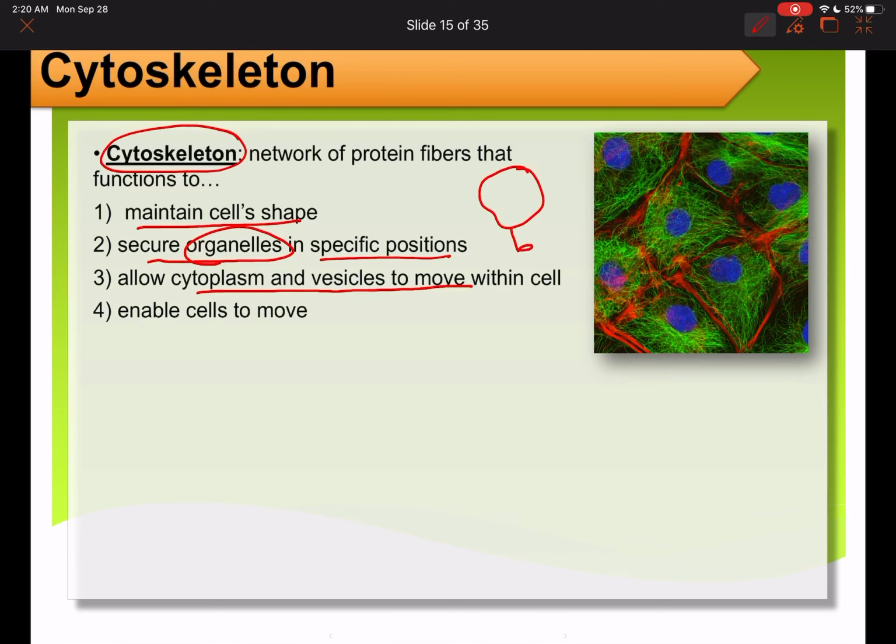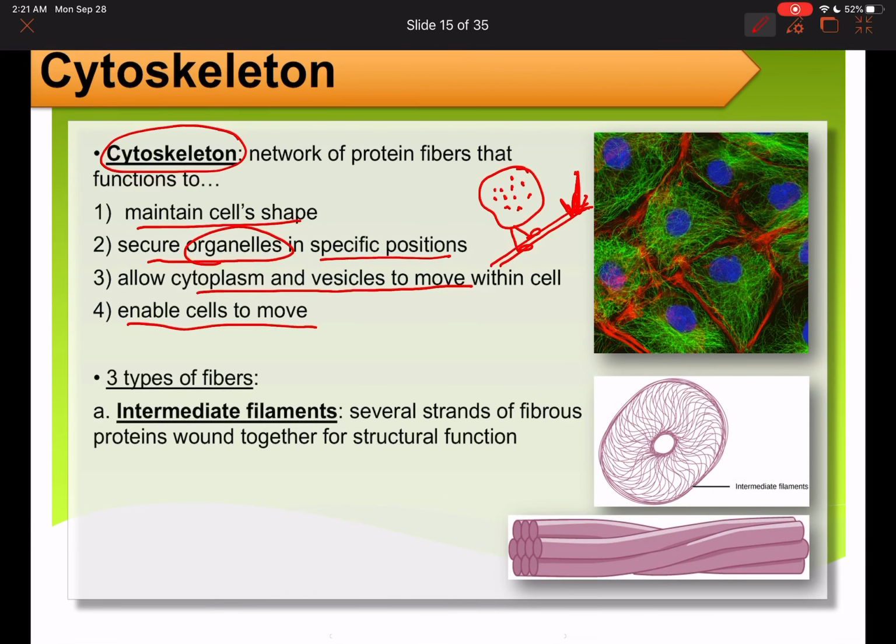That line, or the tracks within the cell, is what the cytoskeleton is made up of. Inside the vesicles are all these proteins that need to be transported. It is also the basic structure that enables a cell to move or crawl to certain areas.